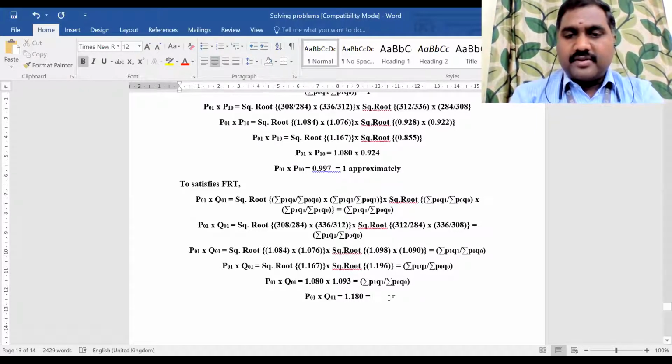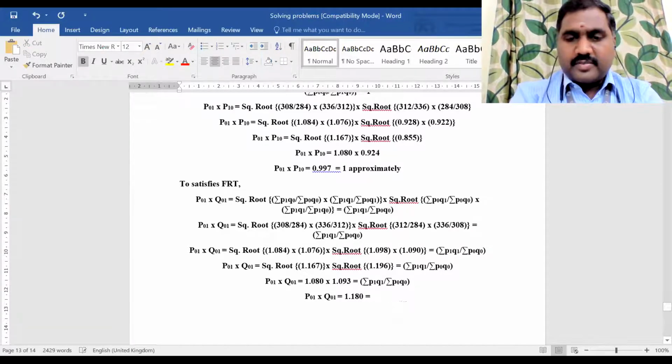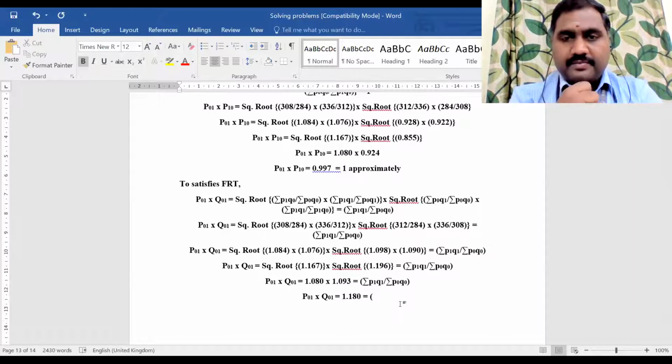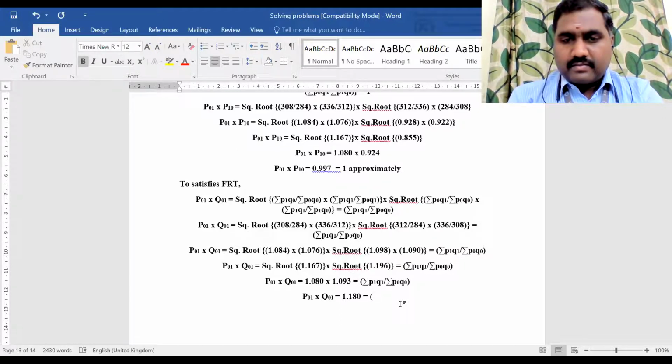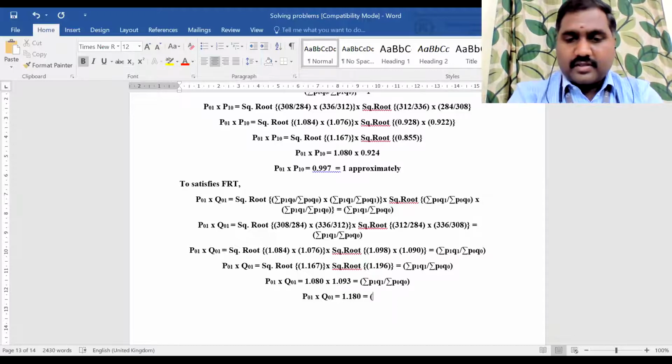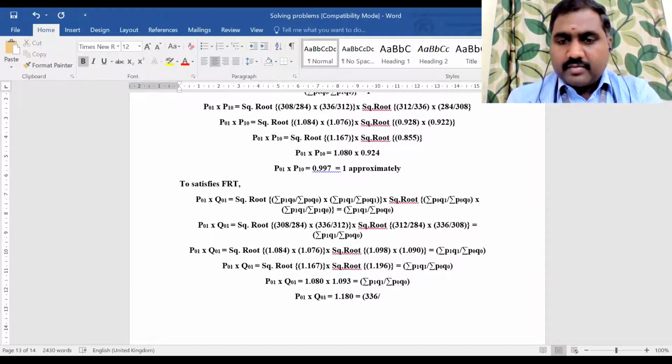Okay, which is equal to. Now tell me that summation P1 Q1 value. What is that value? 336. Okay, 336 divided by P0 Q0 value, 284.